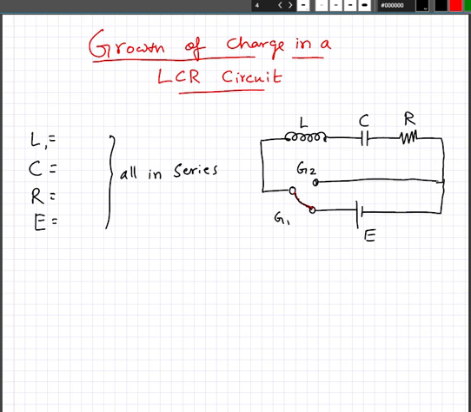So when G1 is closed, what happens when gap 1 is closed? The charge starts getting stored across the capacitor. So here, because this side is plus, the capacitor has plus charges here and minus here.